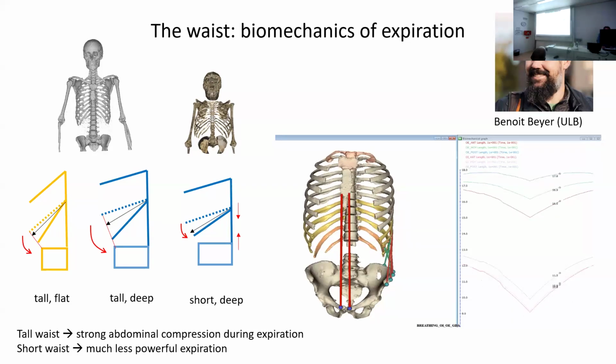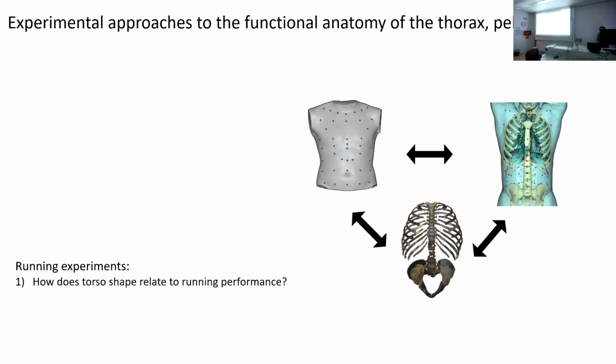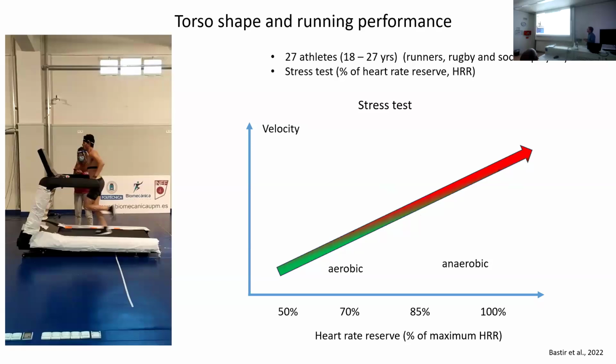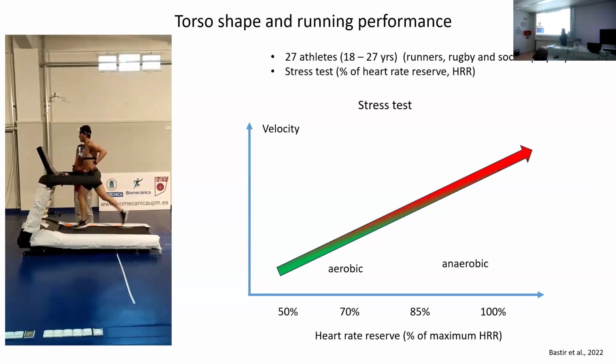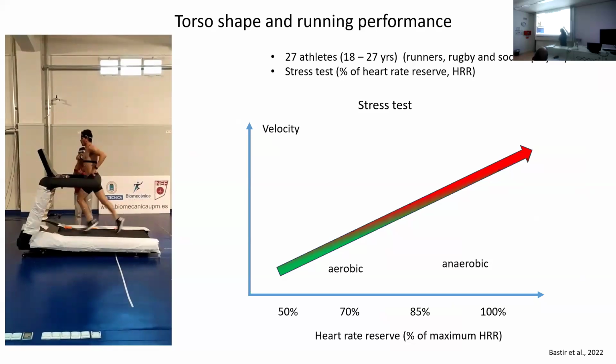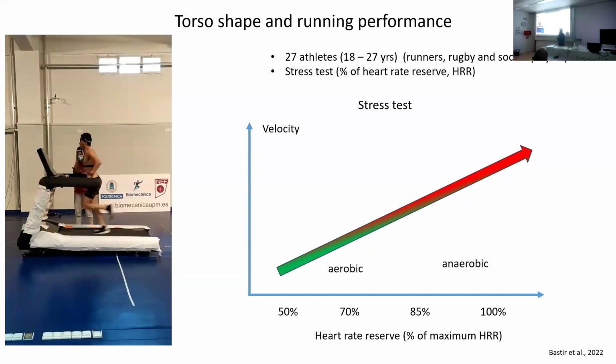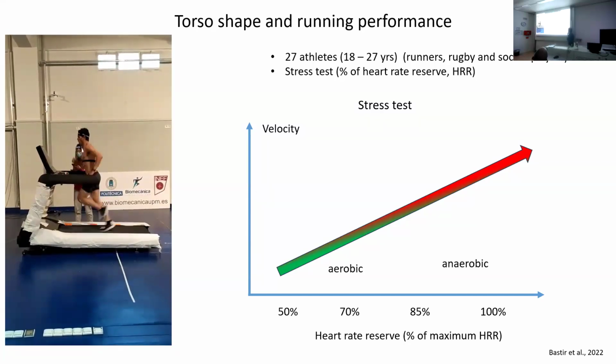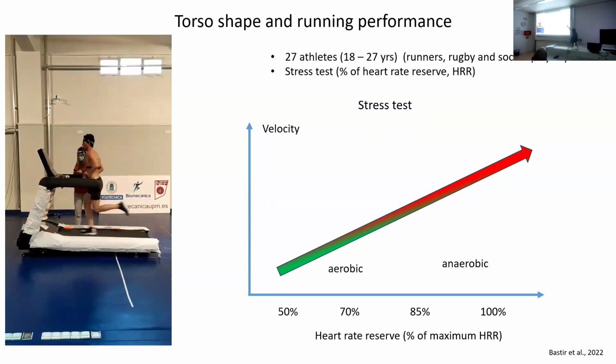And so in the next step of experiments, we just looked at how torso shape relates to running performance and running velocity. And there we analyzed a group of volunteers that were both endurance and power locomotion specialized people, like runners on the one hand and rugby and soccer players on the other.